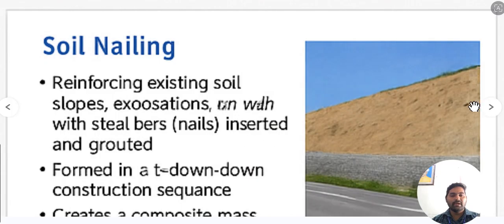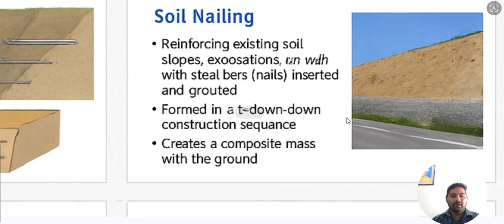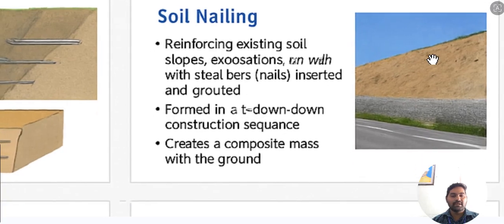In soil nailing also, we introduce the reinforcement inside the sloped layer, and then we fix the element here. It means it is holding the mass. That means we place a plate here and apply the bolting inside the soil mass, so that it holds the soil and creates tensile forces. Likewise we provide soil nailing.